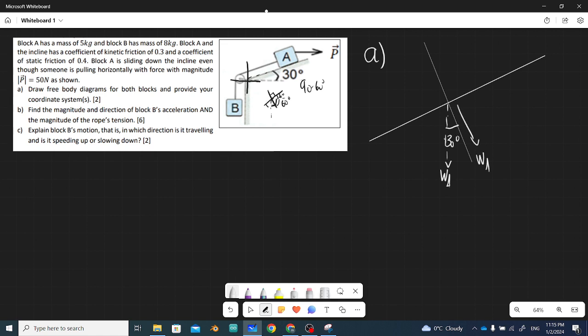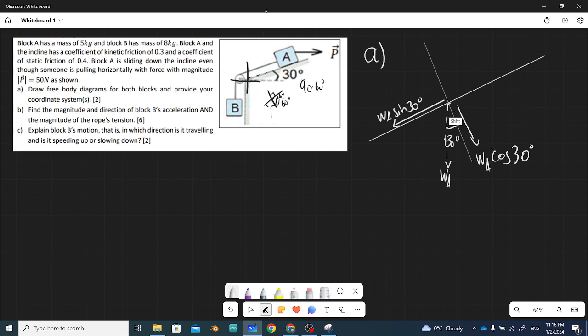Now this will be weight of A cosine of 30. This would be weight of A sine of 30. Now that's done for the weight.